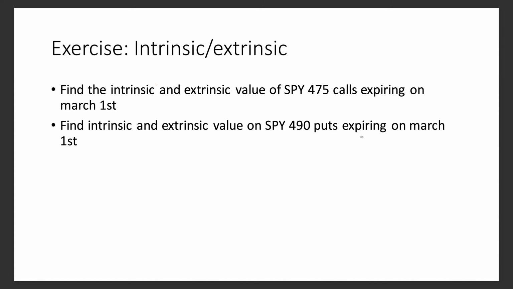So if you want to calculate the spot price for puts, SPY closed at $482. Now, this is the 490 puts. For puts, you're going to subtract 490, the strike price of the puts, minus the current spot price, which is 482. 490 minus 482, which will be somewhere around $8.